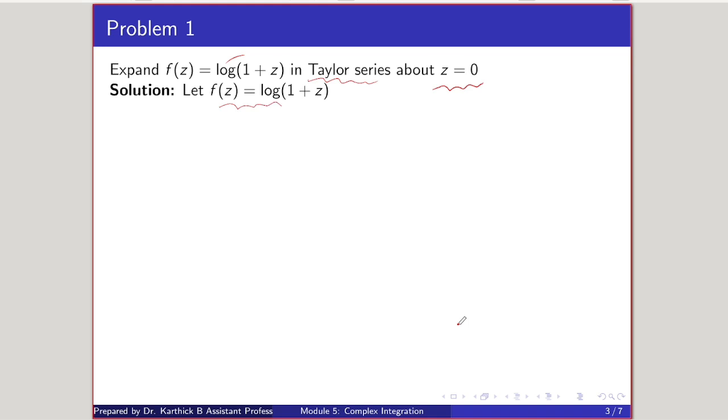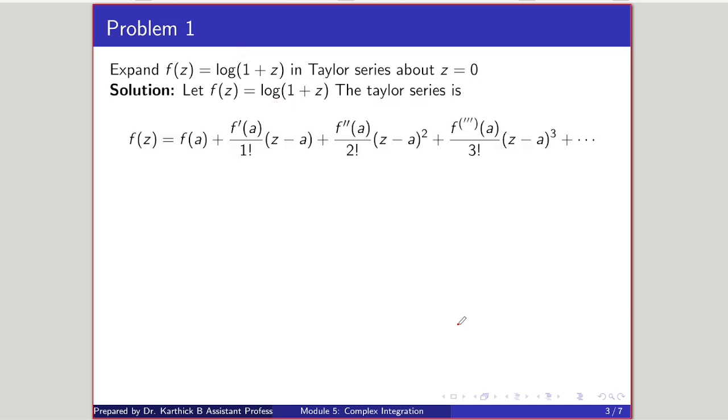Let us first take this function and we want to know the general formula for Taylor series. It will be f of z equal to f of a plus f dash of a by 1 factorial into z minus a, plus f double dash of a divided by 2 factorial into z minus a whole square, and so on. Here they are asking us to find it about the point z equal to 0, which means we have to take a equal to 0.